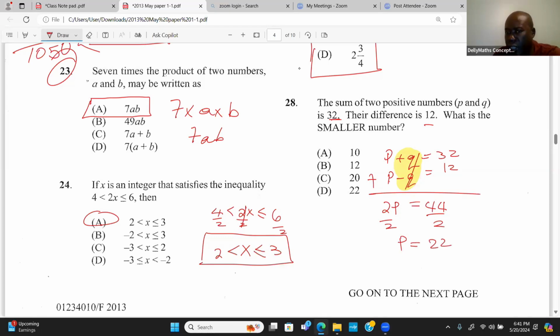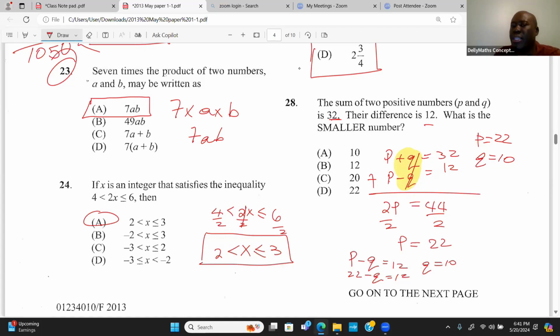If p is equal to 22, take a look. P minus q is 12. Think about it: 22 minus q is 12. So you could say that q is 10. So you're dealing with p equal to 22, q equal to 10. As you can see, you add these, you get 32, you subtract, you get 12.